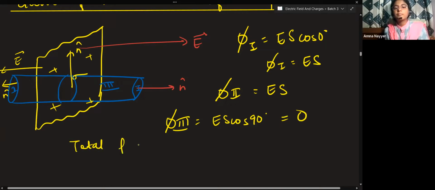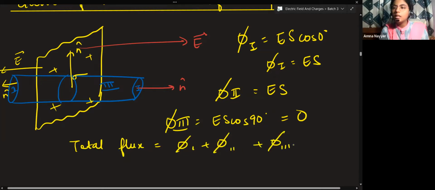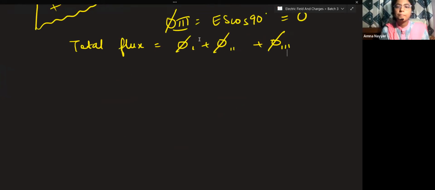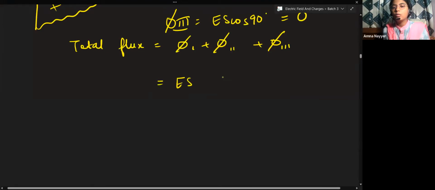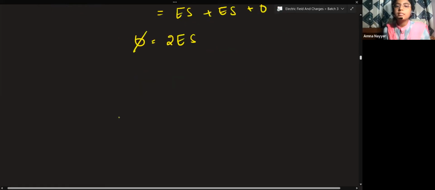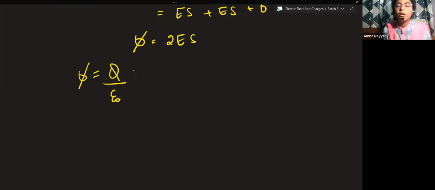It will be phi 1 plus phi 2 plus phi 3, flux due to all the surfaces. Phi 1 was ES, phi 2 was ES, and this was 0. So total flux we have as 2ES. Now according to Gauss theorem, it will be Q by epsilon naught.